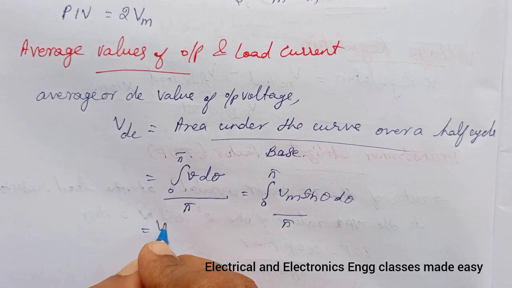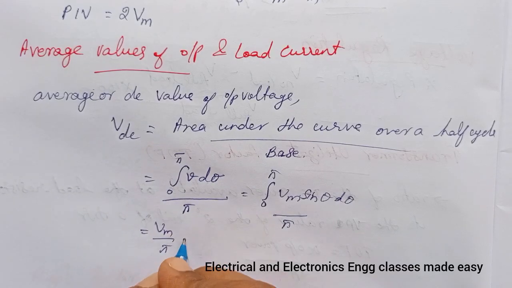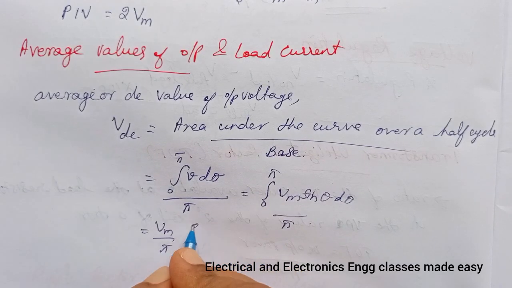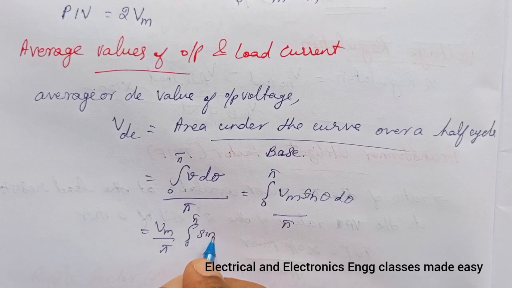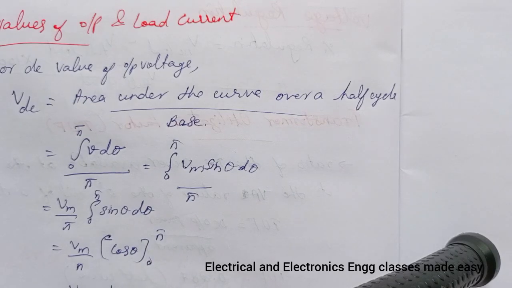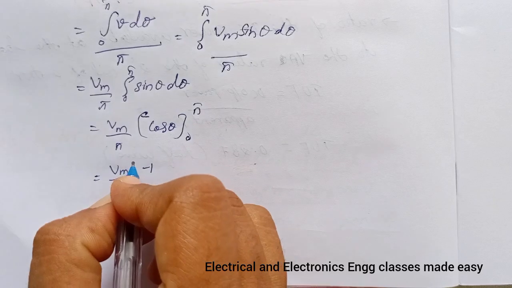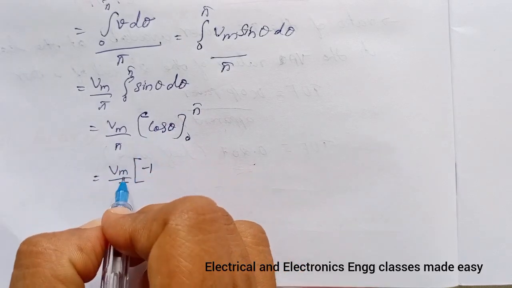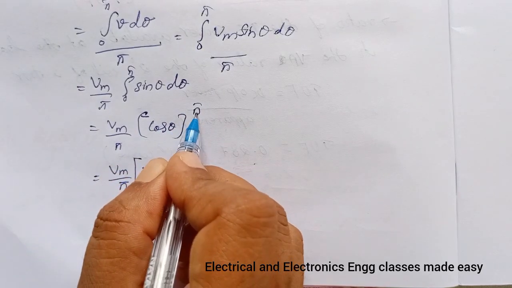which equals Vm by pi, a constant, times integral 0 to pi sin theta d theta. The integral of sin theta is minus cos theta, to the limit 0 to pi. Applying the limit, we get Vm by pi times minus cos pi.